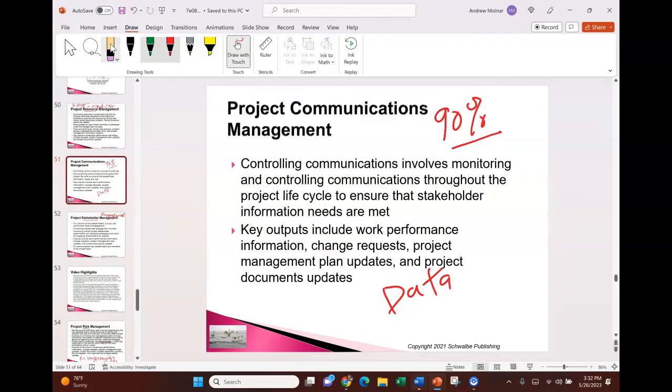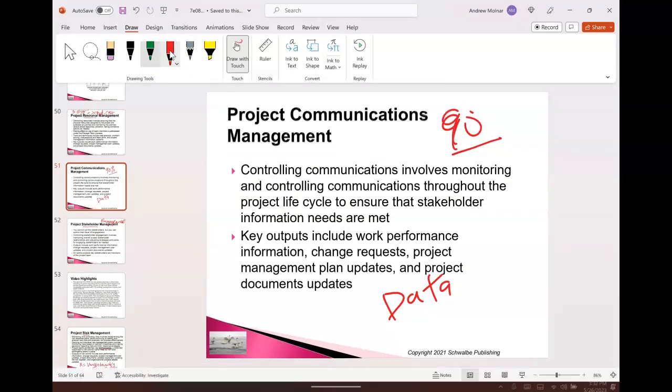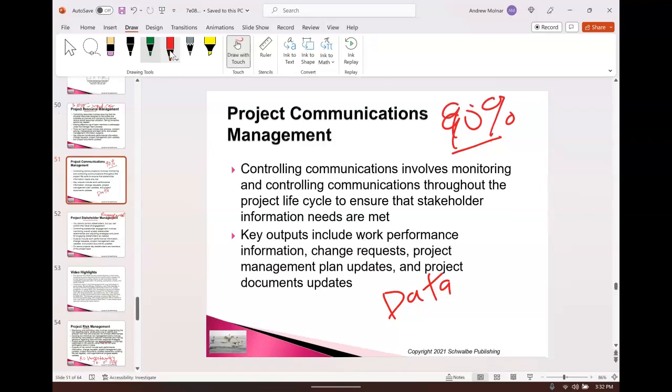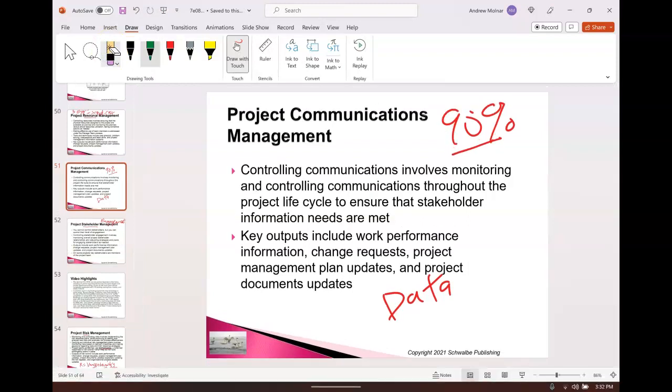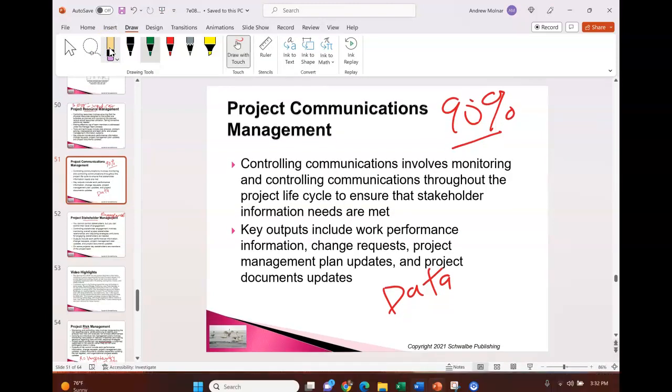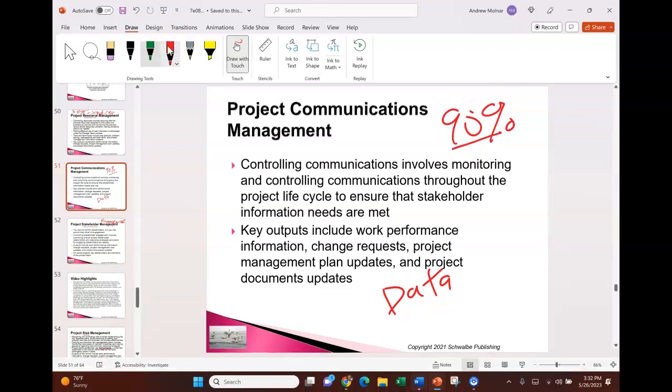Now, I said most projects fail because scope was not met, or it wasn't followed through to completion, or it wasn't identified. Problem, right? I also said in schedule that most of your focus will be on the schedule. Well, that's why 90% of what you do as a project manager is communicating, because you're communicating quite often the scope issues, you're communicating quite often the schedule issues, right, as you spend most of your time.